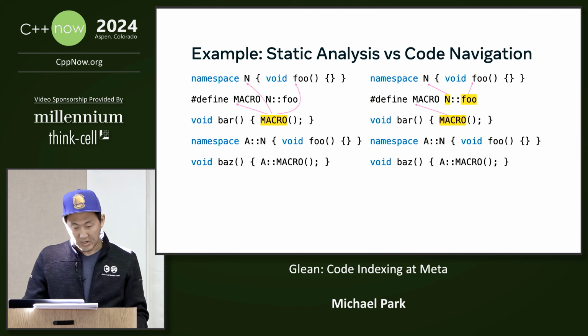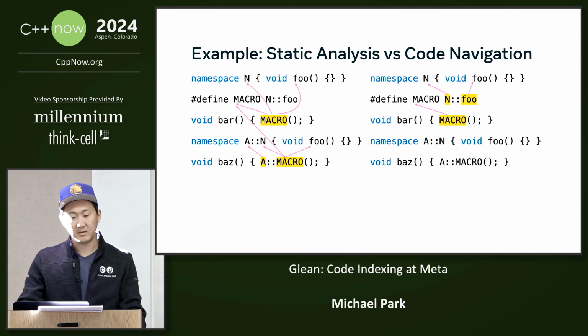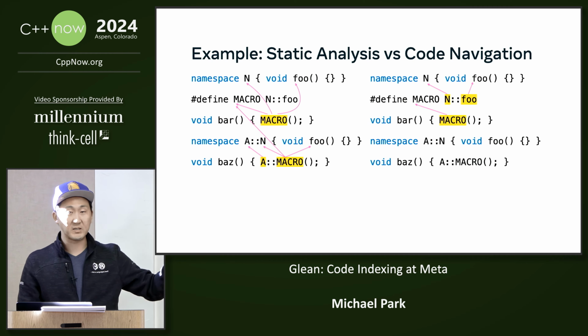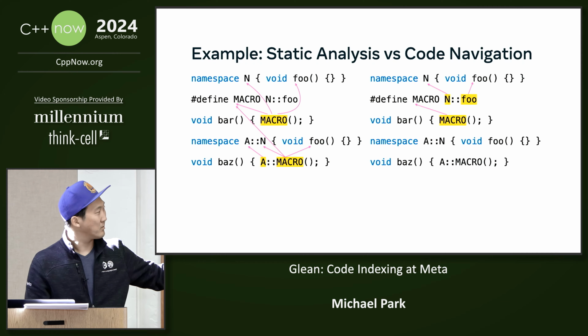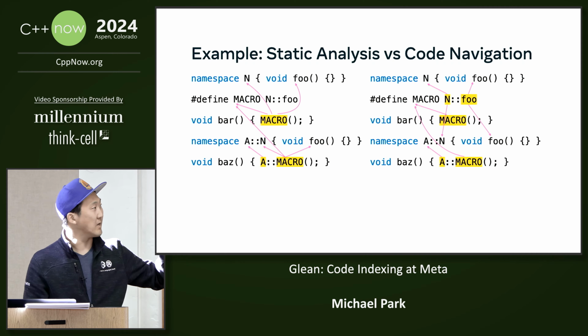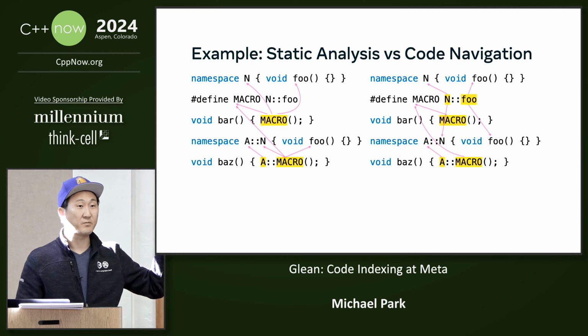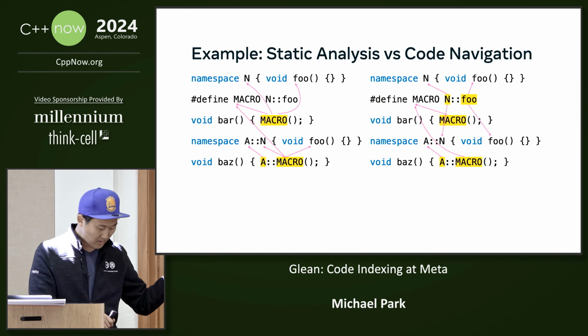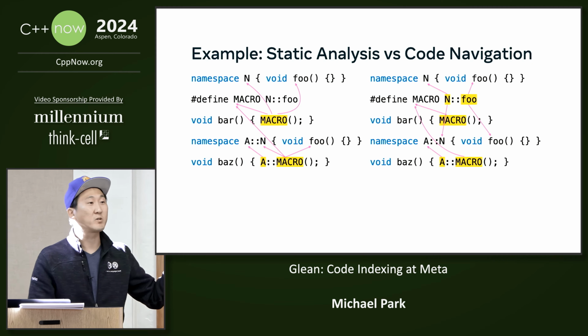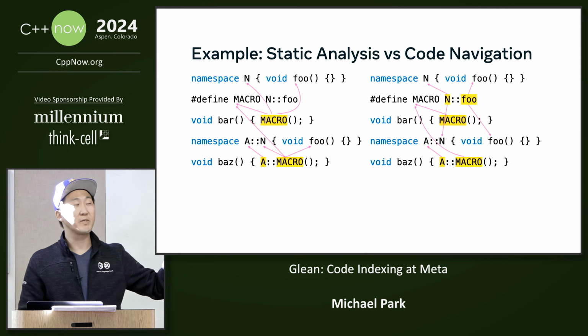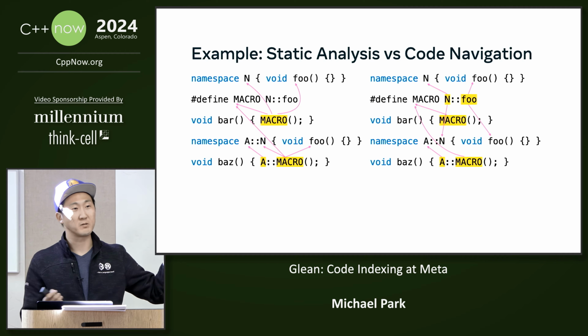So now, on the left, the precise information tells us that a refers to a, and this version of the macro refers to a and foo. Whereas on the right, we might have two references from inside the foo macro definition, and if we try to do that transitive call graph, we might say bar refers to macro, and macro refers to two different foos, and now we think that bar refers to both foos, which it does not.